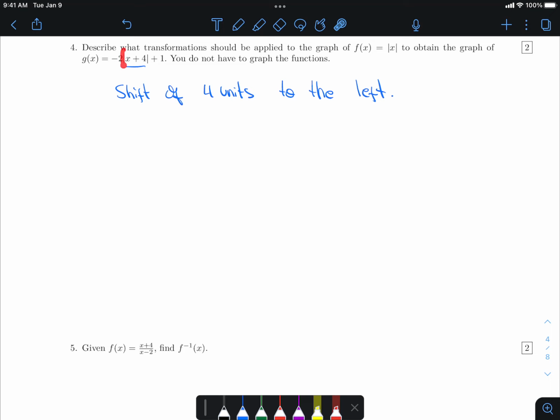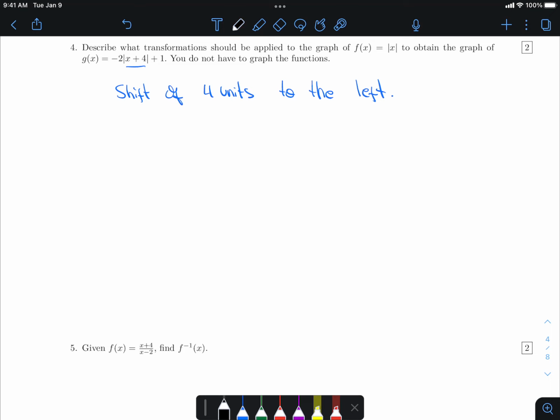I'm doing it before taking the absolute value, and the absolute value is what's marking the original function. So if I'm doing it before, then it's happening to x, so it's horizontal, either left or right. But it is being done to the left because whenever you do this type of transformation to x, it is counterintuitive. We talked about this in class.